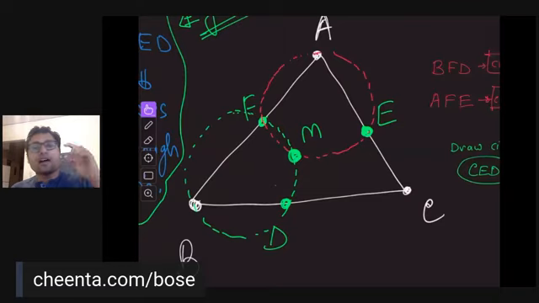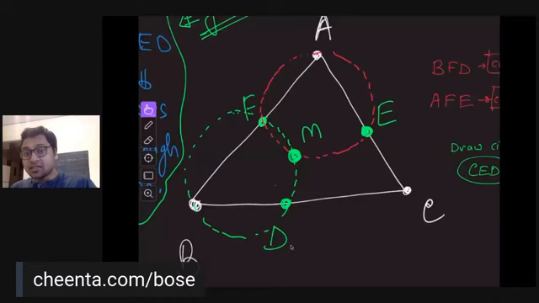So if we have a triangle ABC, and we pick 3 points D, E, and F from the 3 sides of the triangle arbitrarily, then the circles BFD and AFE intersect at a point M. We want to show that the circle CED also passes through M. That's the main question that we want to answer. How can we say this?